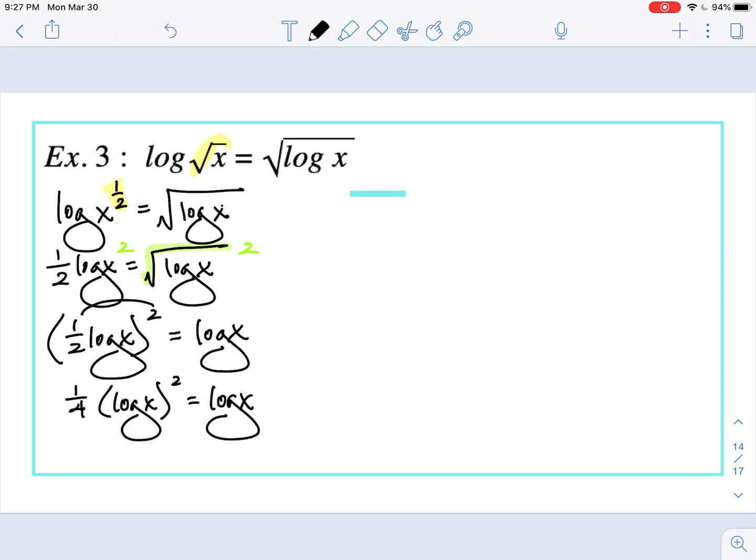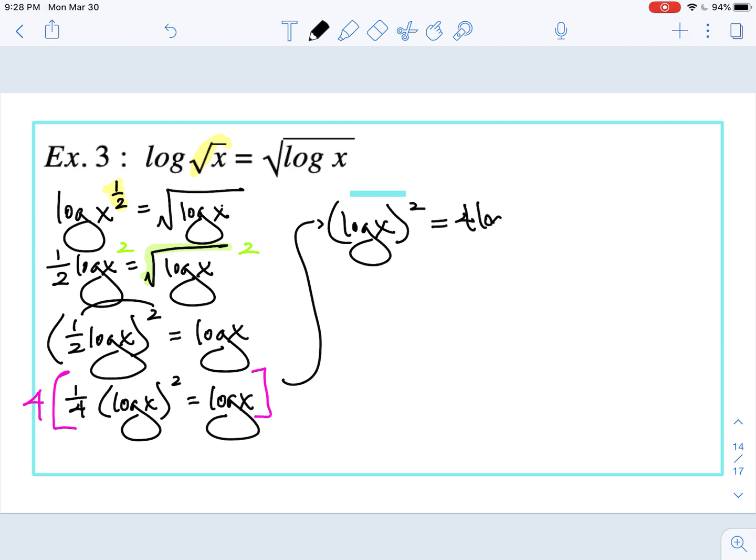Now, I don't really love working with fractions, so I'm going to take my whole equation and multiply it by 4, because when I do that, it's going to get rid of the 1/4. I'll get (log x) squared equals 4 log x. To me, it's just a little bit easier to work with, but you certainly don't need to do that if you don't want to.